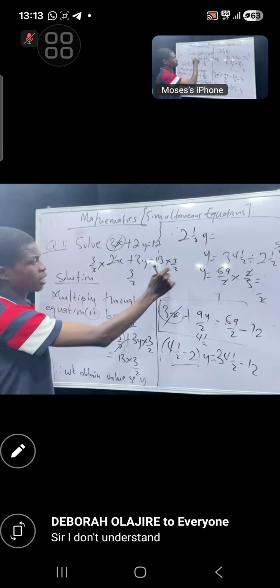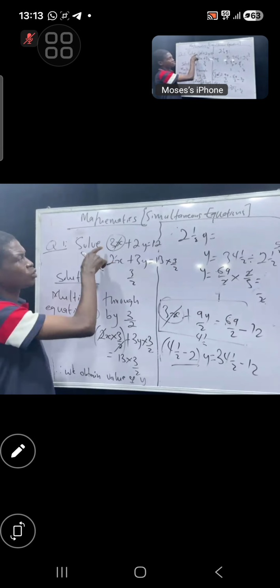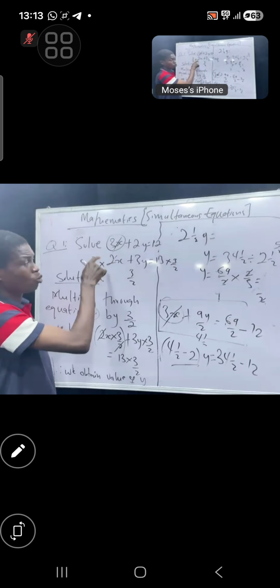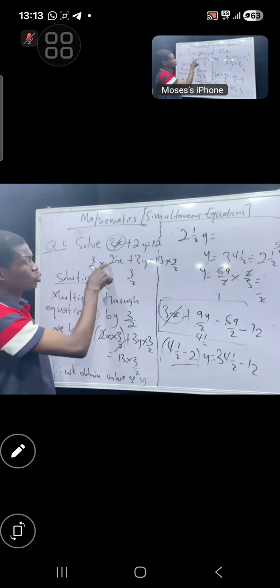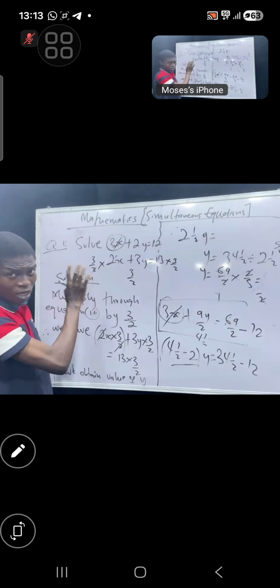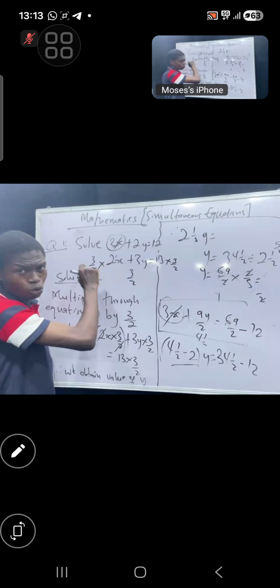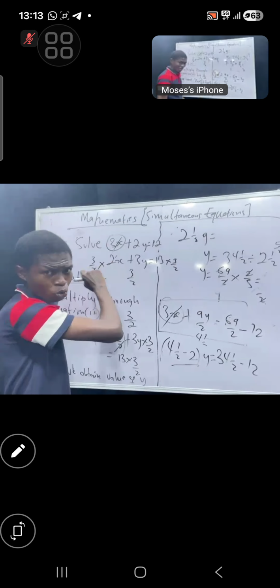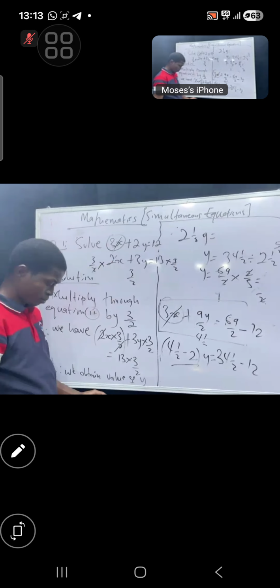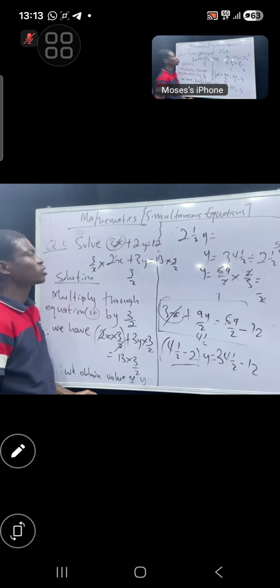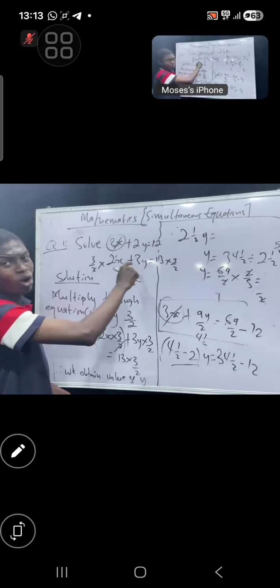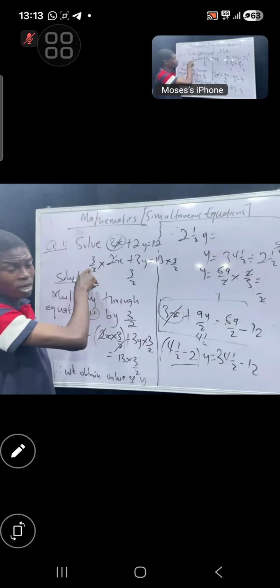Once we eliminate x, we divide the higher coefficient by the lower coefficient. When you divide 3 by 2, you have 3/2 in form of fraction. So multiply the equation that has the lower coefficient by what you get, 3/2.